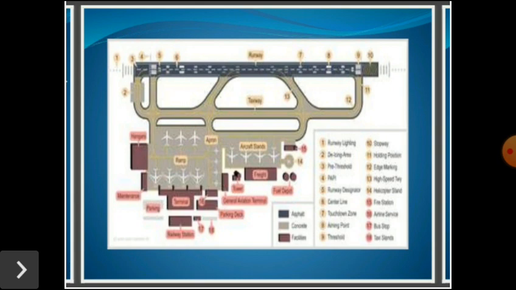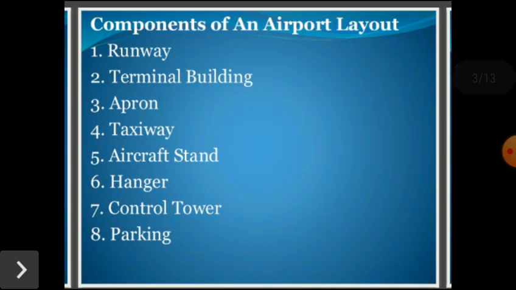Then the terminal area, a parking area is also available, and the control tower, hangar, etc. should be located in the airport layout. So the main components of an airport layout are the runway, terminal building, apron, taxiway, aircraft stand, hangar, control tower, and parking.